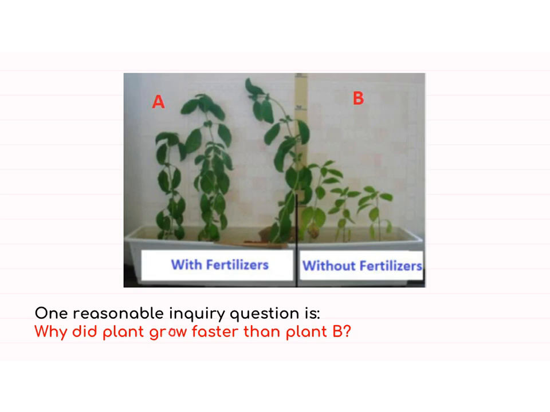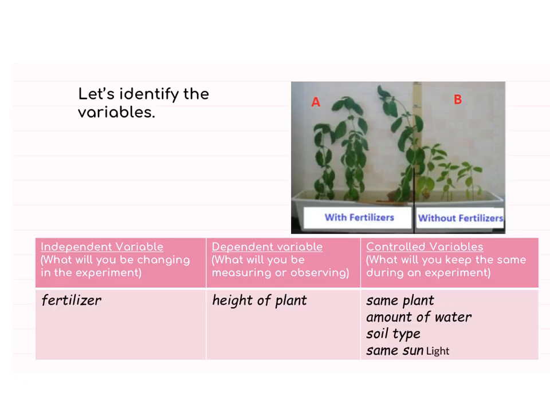One of the reasonable inquiry questions in this case is, why did plant A grow faster than plant B? So, we started in the previous slide by writing the inquiry question about why plant A grew faster than plant B. This was the first step of writing the hypothesis, which is writing the inquiry question.